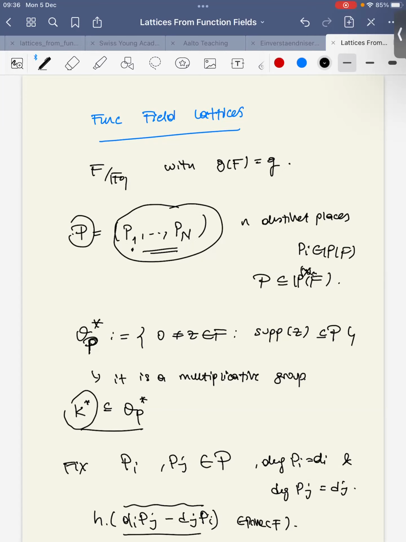And the reason for that is coming from group theory. If this is a degree 0 divisor, and if the order of our group is h, then by group theory, if we have a group G of order n, then for every element x, x to the power n should be the identity.